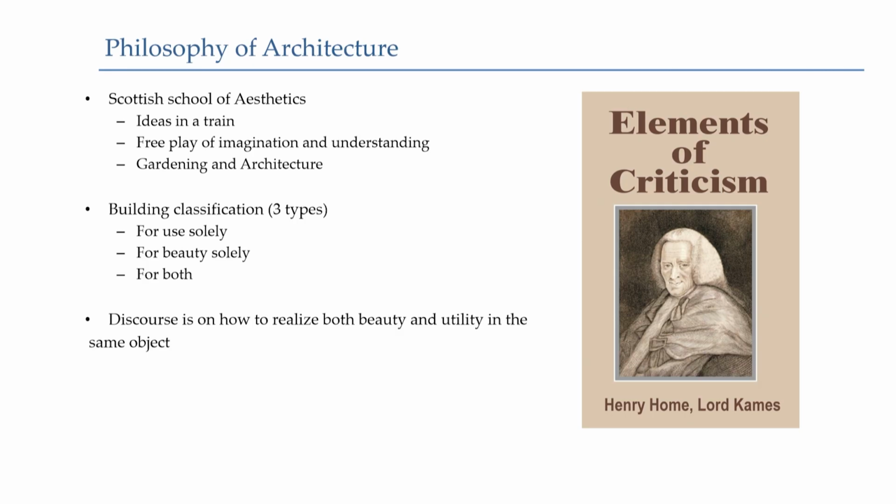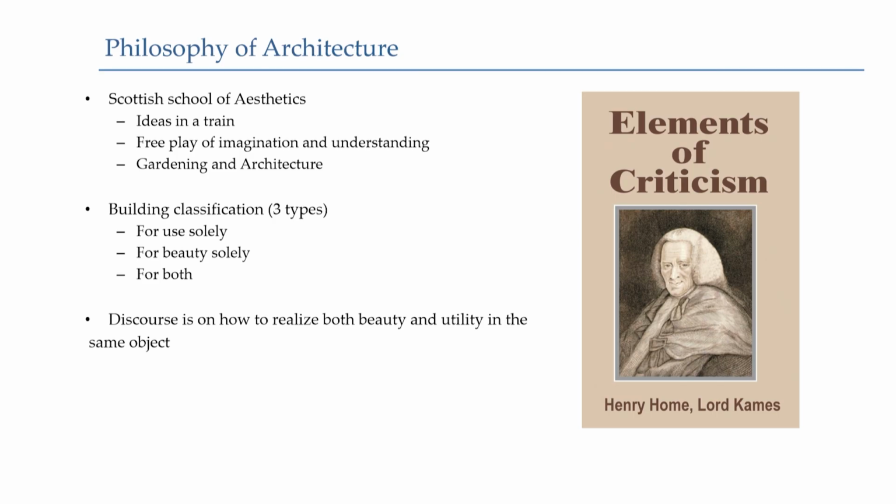So, the Scottish School of Aesthetics emerges from the writings of Henry Home Lord Kames. He wrote a book called Elements of Criticism, and what he says is that ideas come in a train, and architecture particularly encourages ideas in a train, which means that if you are in a house and if you move from one room to another room, one passage to another passage, your ideas get developed and they move in a train.